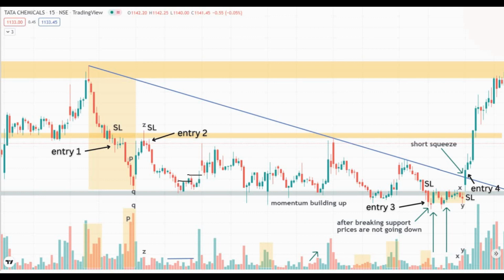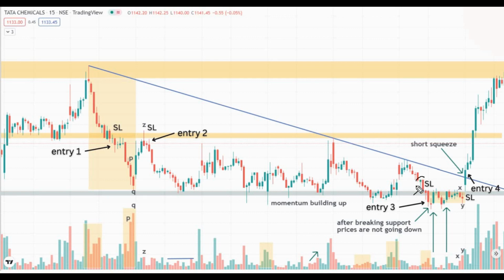Now our third trading opportunity could have been around here. As I already told earlier, I will definitely sell here, because these two candles are very important, these two rejection candles. From here, buyers push the prices towards the upside.